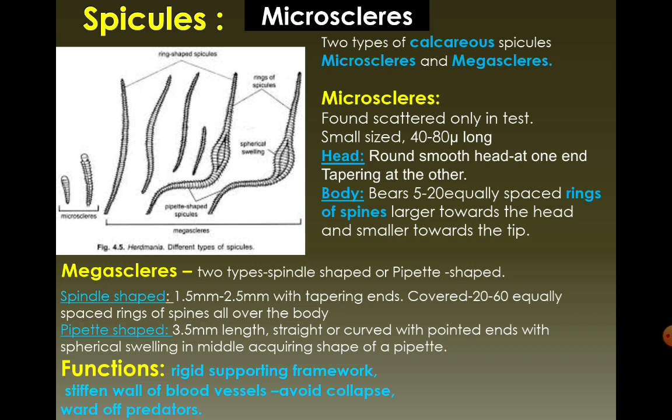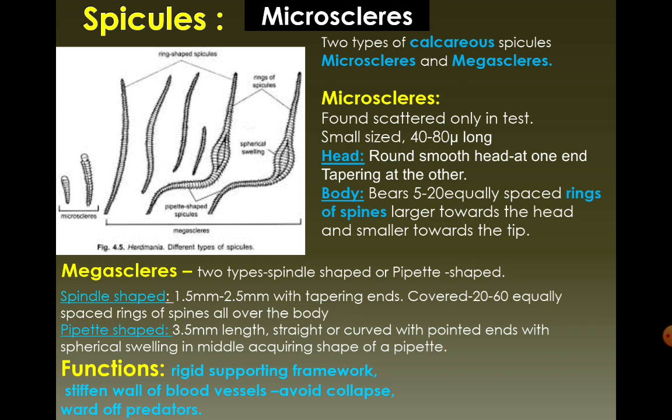There can also be certain sub-questions from this, like they may ask you to write a note on spicules in Herdmania. Then you have to write about microscleres and megascleres and their function, along with the diagram of microscleres and megascleres, for 5 marks.